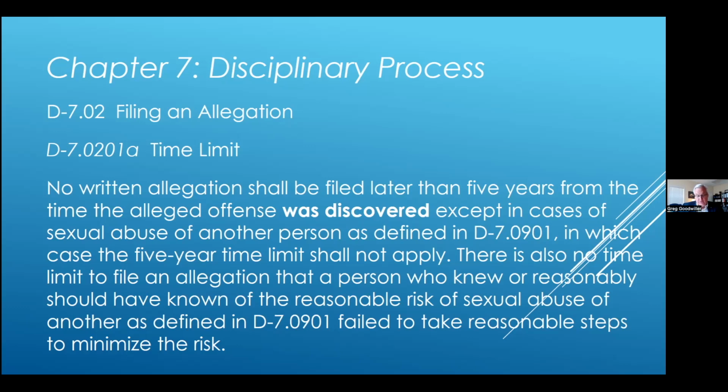There is also no time limit to file an allegation that a person who knew or reasonably should have known of the reasonable risk of sexual abuse of another person as defined in 70901 failed to take reasonable steps to minimize the risk. That is relatively new language in the book. The people who knew or should have known, but it was already in rules of discipline in its most recent version. And so we included it.